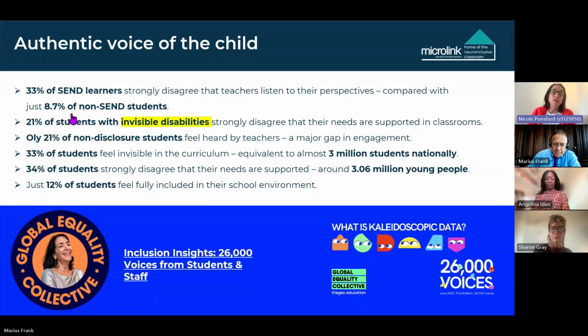So the slide I think you're going to show in just a moment, Marius, illustrates some of the data that we got from the summer, which was where I put a pin in my thesis and my doctoral studies. And this information has been collected from the young people. It was designed with 50 student councils from around the world, and I did additional work alongside my work at Bournemouth University with Goldsmiths, and have designed something called kaleidoscopic data.